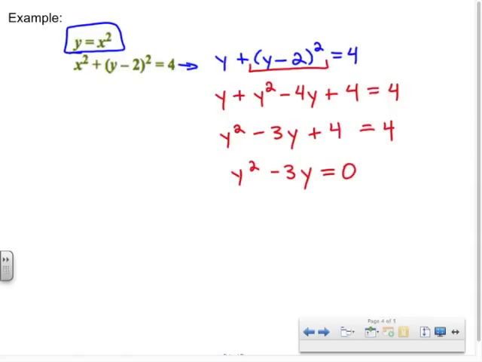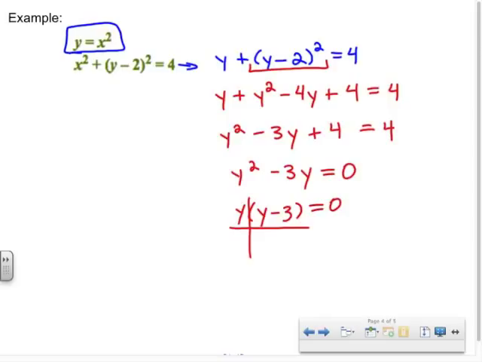So now that I have it completely factored, I can split up the factors and set each one equal to 0. So I have y equals 0, that's one y value, and I have y minus 3 equals 0, giving me a y value of 3. So I have two y values that I can use.